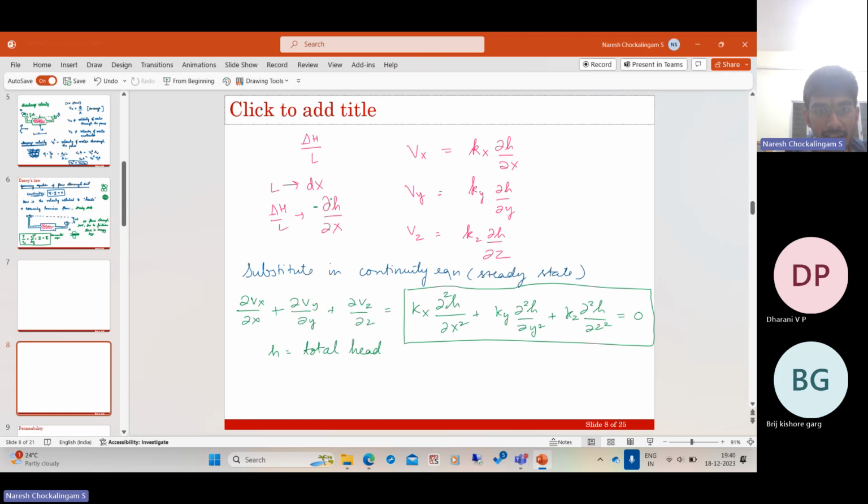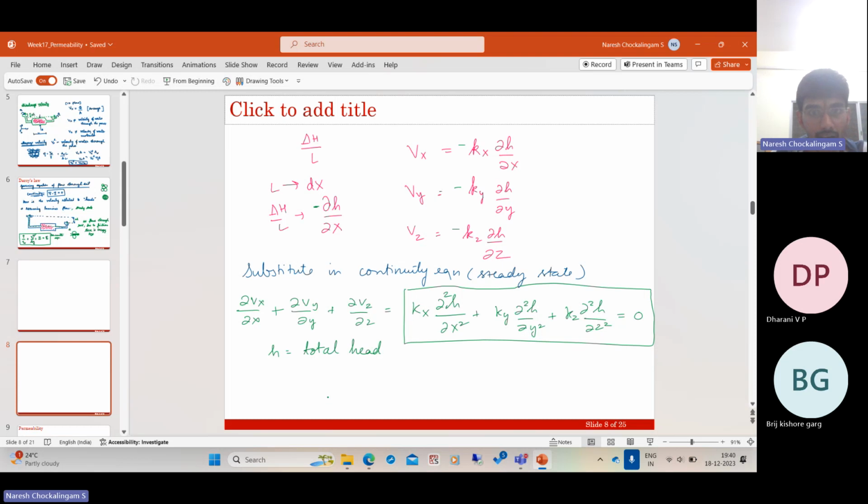So the partial H with respect to partial x is how much H increases with an increase in x, but delta H is actually a decrease in H with respect to L. So there's a minus sign here, which means the entire equation will have a minus. This entire thing is multiplied by minus, but that doesn't matter because there's 0 on the right hand side.